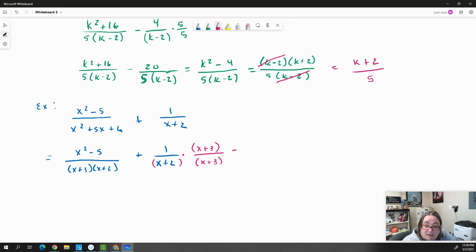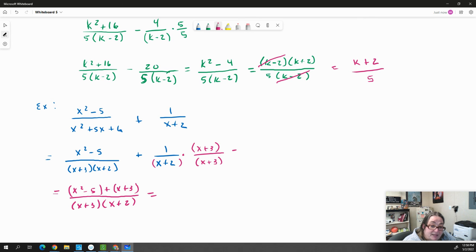So now I can rewrite this problem, right? I have x squared minus 5 plus x plus 3, all over x plus 3 times x plus 2, right?